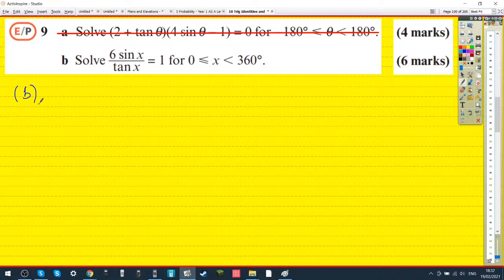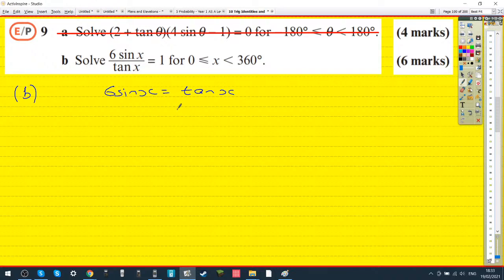So you got 6 sine x equals 1 tan x. So just tan x. Yep.